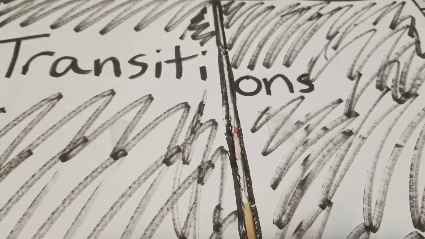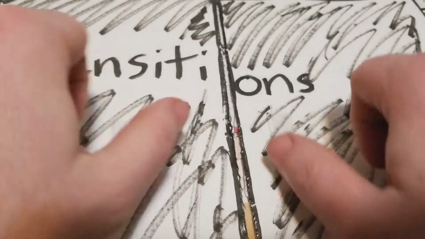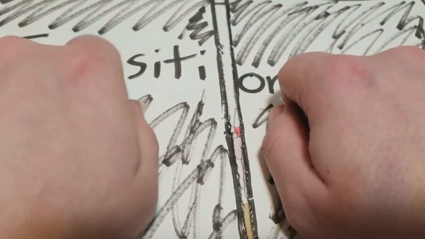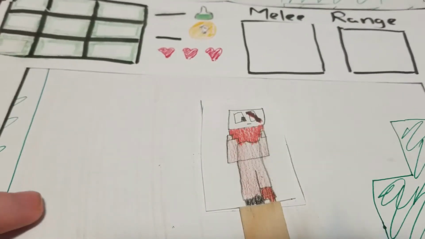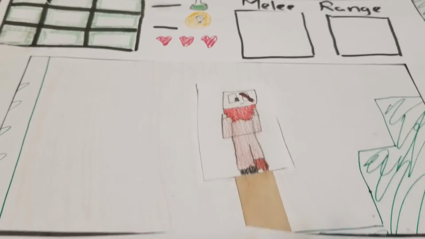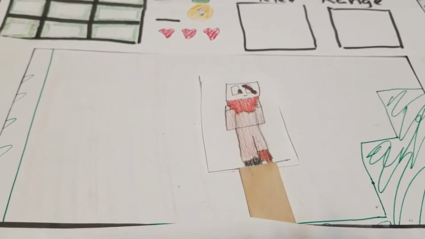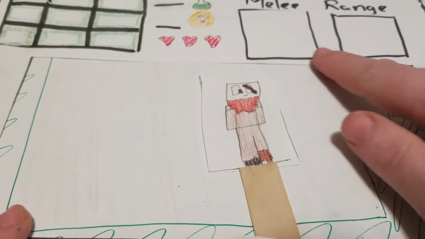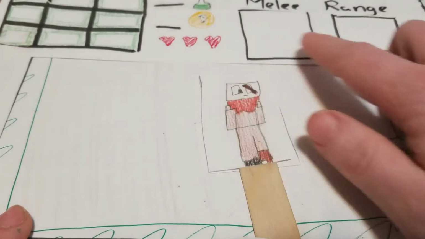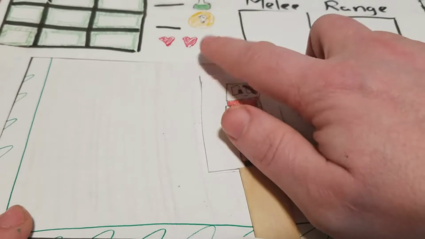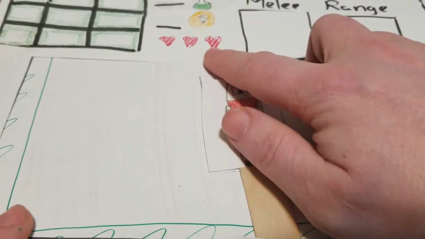So then it's going to transition from the main menu screen to their main game, which is going to have a HUD screen with an area for melee and an area for the ranged weapon. These are the life bars that they have.